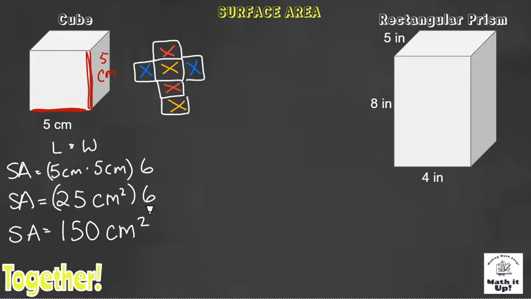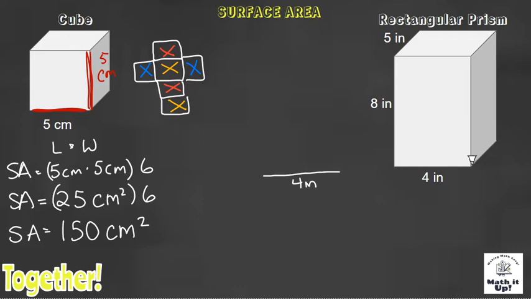So that one's quite simple, and the rectangular prism is going to be a little bit more complicated because we have other things to consider here, which are 3 different measures. If we were to draw out this rectangular prism, let's think about what the bottom lengths would be. The bottom of this is 4 inches.